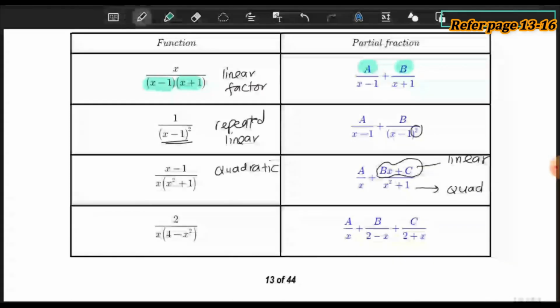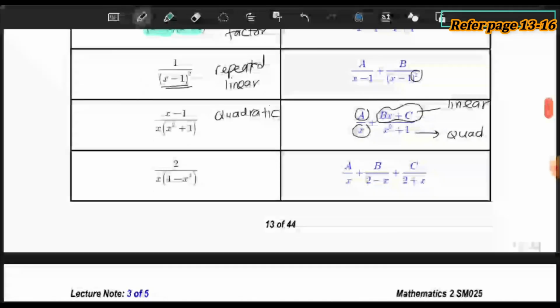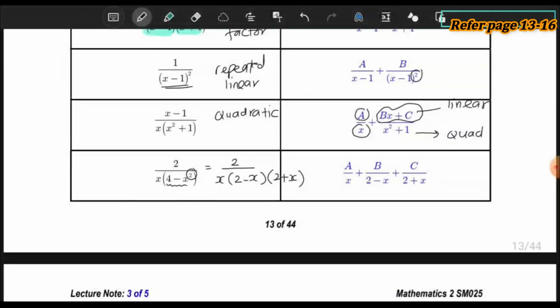And for this case, we have a over x. A is a constant, x is a linear factor. Next, 2 over x times 4 minus x squared. At first, for this factor, this is a quadratic factor, but we need to factorize. We have 2 over x times 2 minus x, 2 plus x.